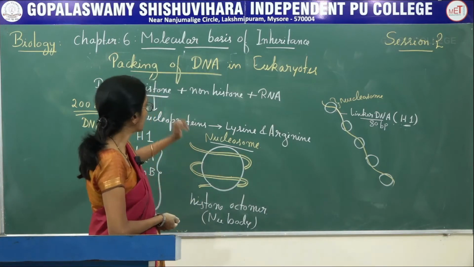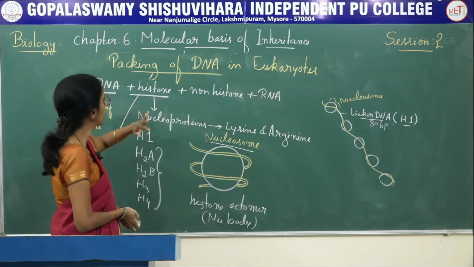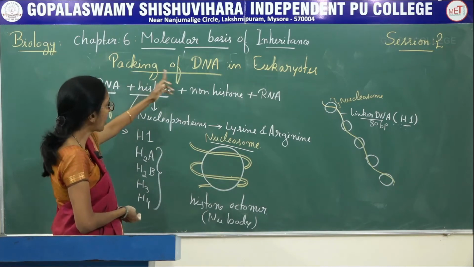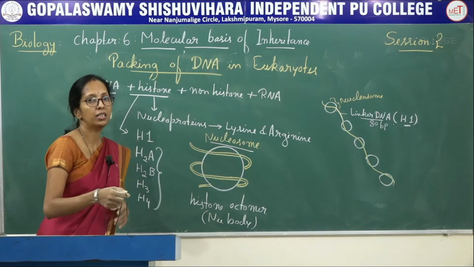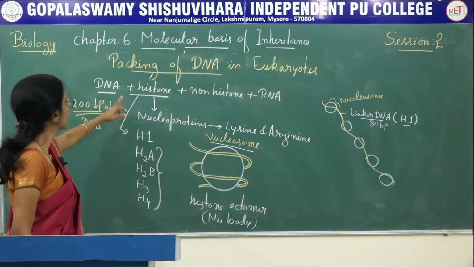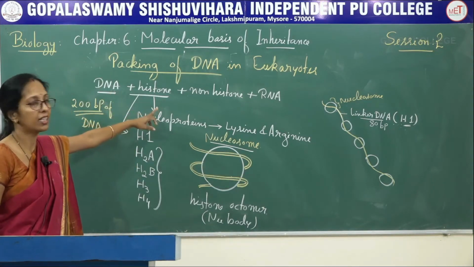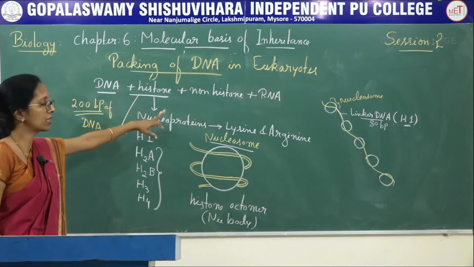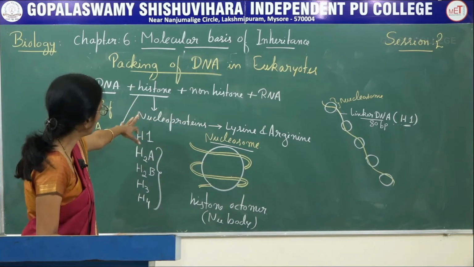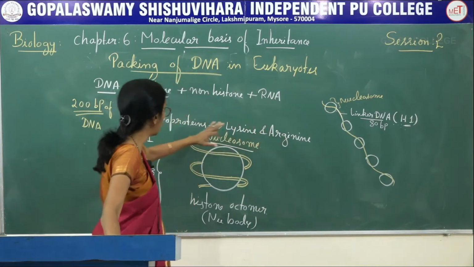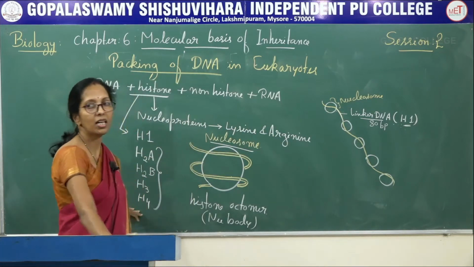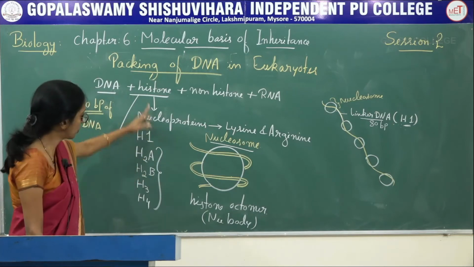This is the structure of nucleosome, that is nothing but packing of DNA in eukaryotes. In eukaryotes, there is a presence of DNA and histone. Histone is a type of nucleoprotein, very rich in lysine and arginine, and here there are 5 types of histones.